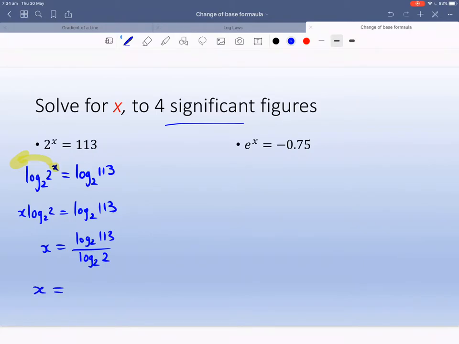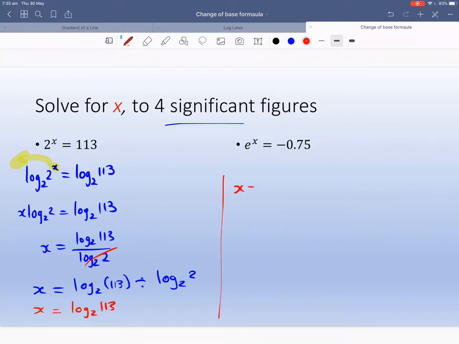So x equals log 2 of 113 divided by log 2 of 2. Now log 2 of 2, somebody should have told me this earlier, is just 1. So we've just got x equals log 2 of 113, which helps me out a lot more. Now all I'm going to do is change the base using our formula.